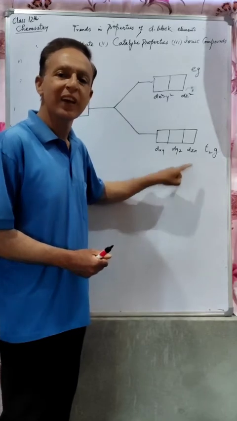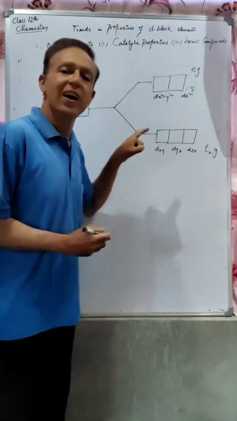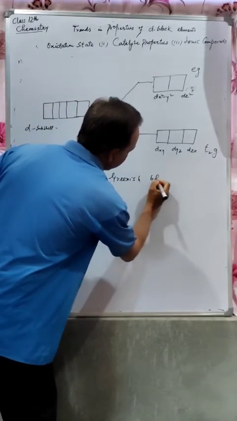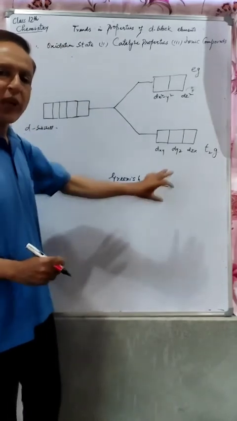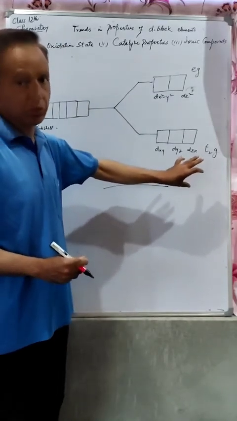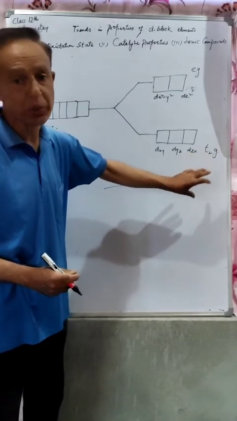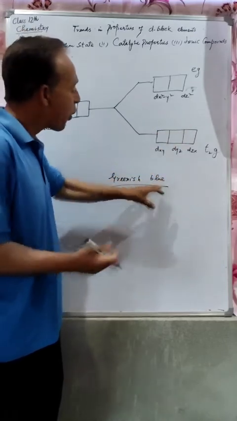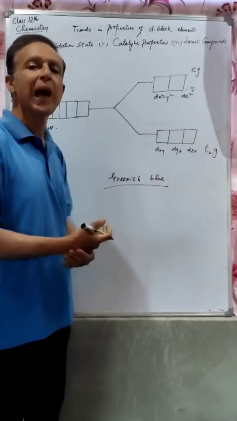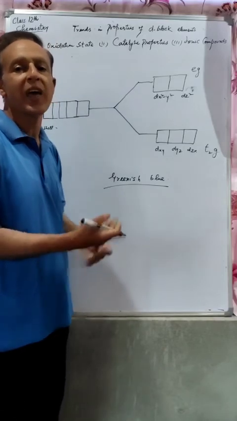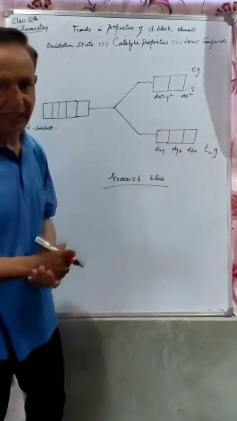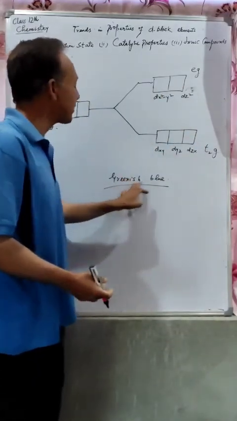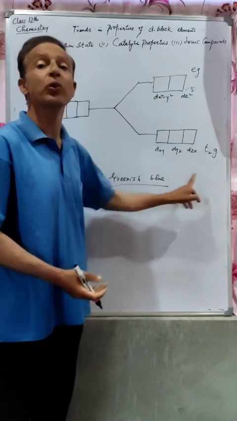That means they emit greenish blue light. Because red light radiation was absorbed and the rest was transmitted, combined, it becomes greenish blue, which is complementary to red light.